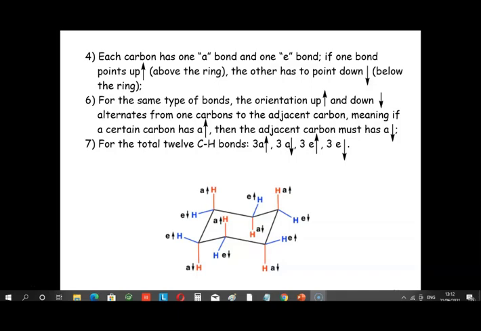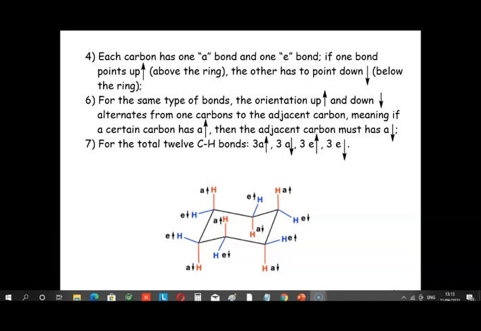Meaning, if a certain carbon has axial up, then the adjacent carbon, here we can see, the axial hydrogen is pointing up, whereas the adjacent carbon has axial hydrogen pointing down.